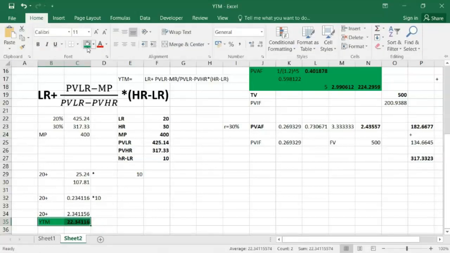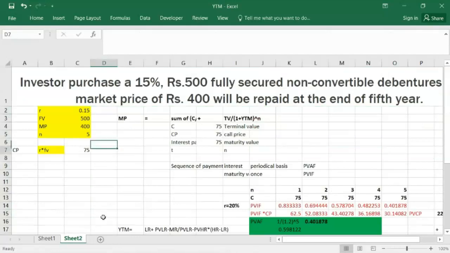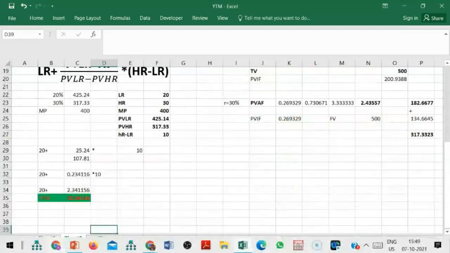Any clarification on this? Hope you understand the problem and what formula can be used for this purpose. The same problem we worked out in the last class. Again, I am writing the same for understanding purposes, and I will take one more problem on yield to maturity for your better understanding.